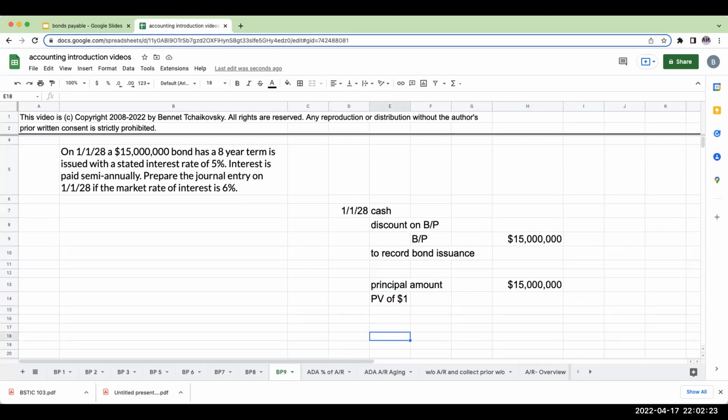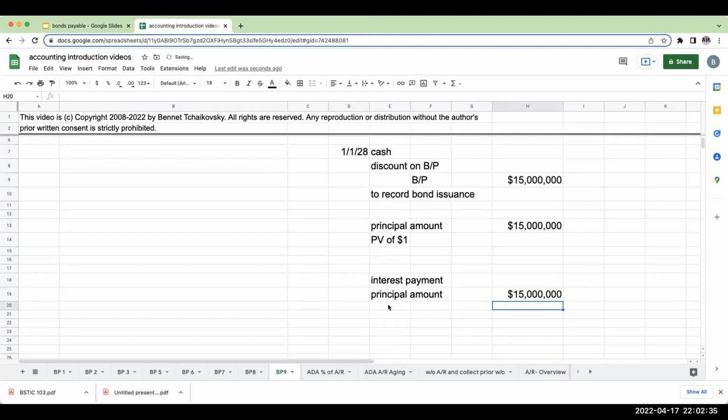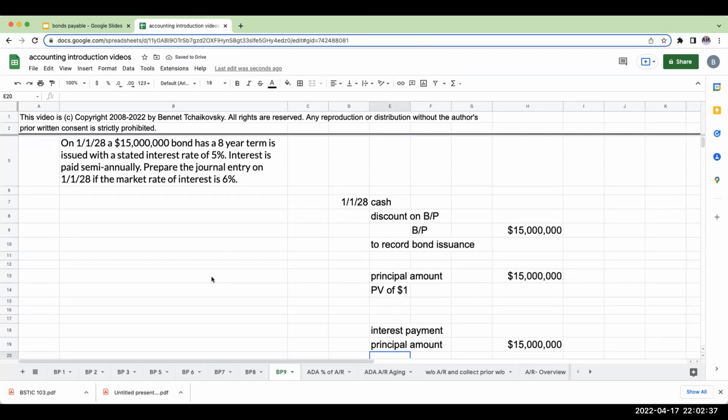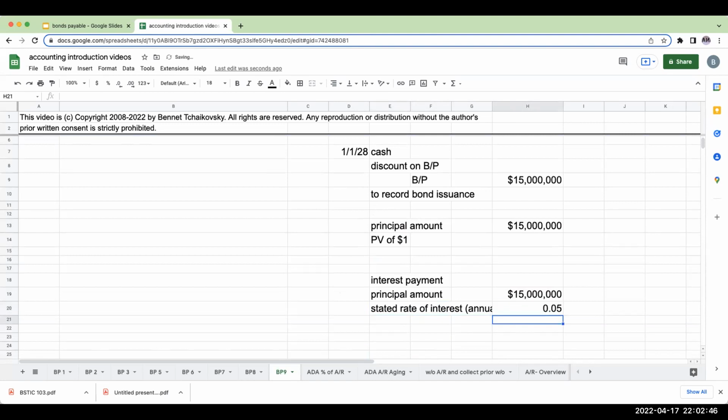Now, what about the interest payment? For my interest payment, I'm going to take my principal amount of 15 million. Whenever you see an interest rate, it is always going to be an annual rate. So my stated rate of interest is going to be 5%.